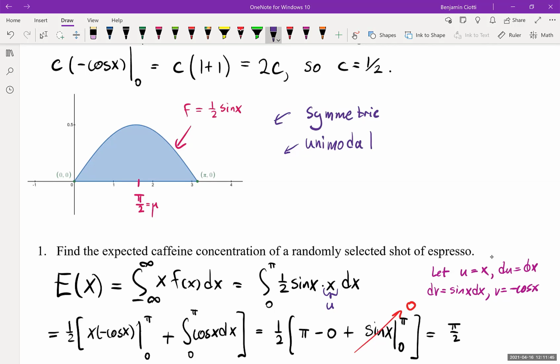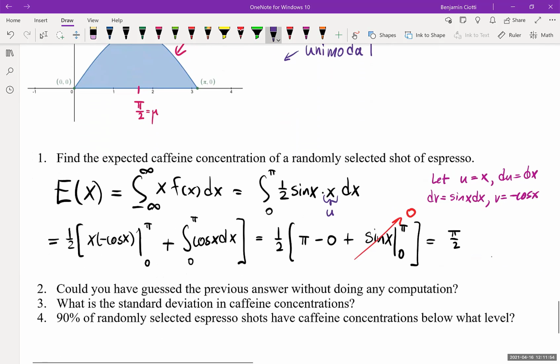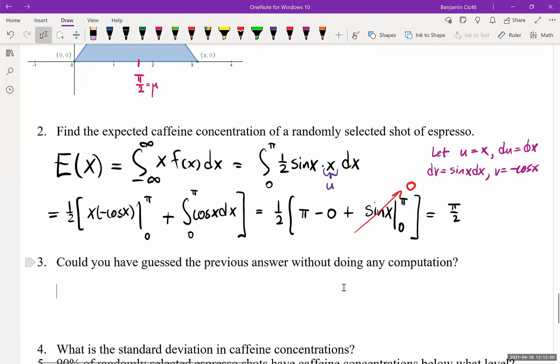And in fact, we could have used that then to just see what the mean was by looking at the picture. So I just want to point out that you could have also done this calculation using symmetry.